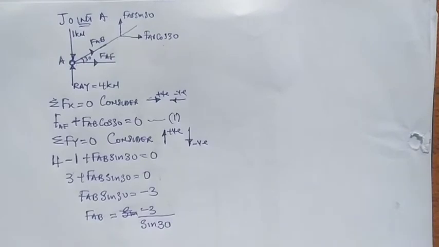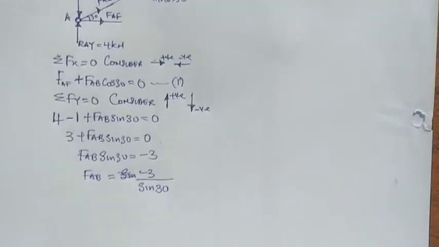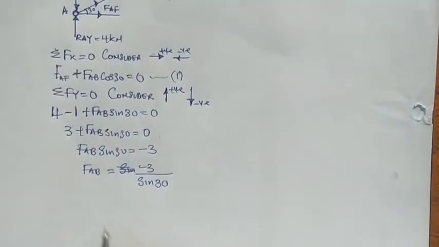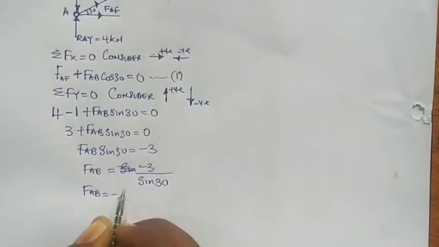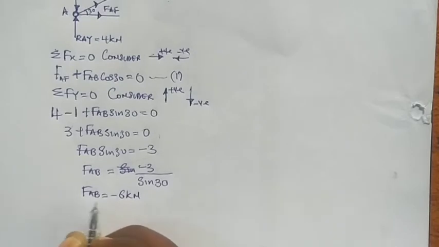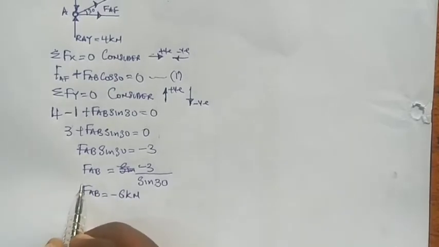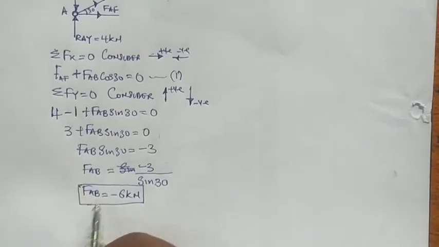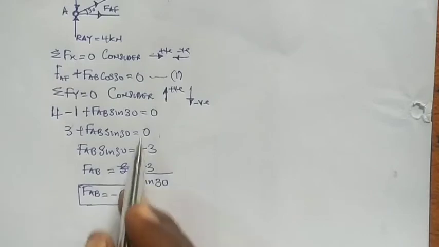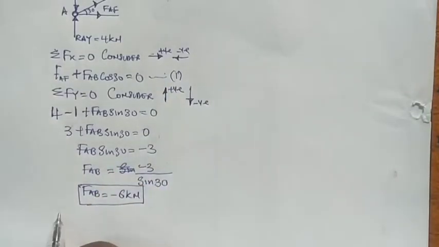So the FAB here will be equal to 6. So FAB is equal to -6 kilonewton. So this is my FAB here, -6 kilonewton.